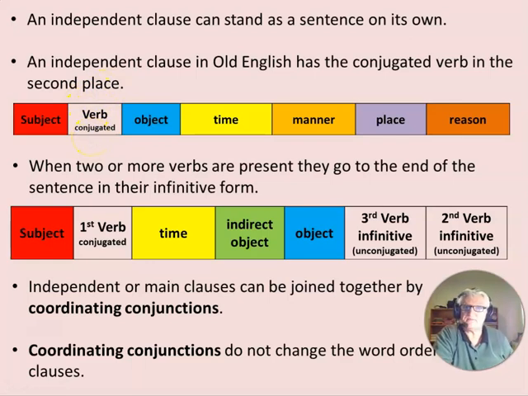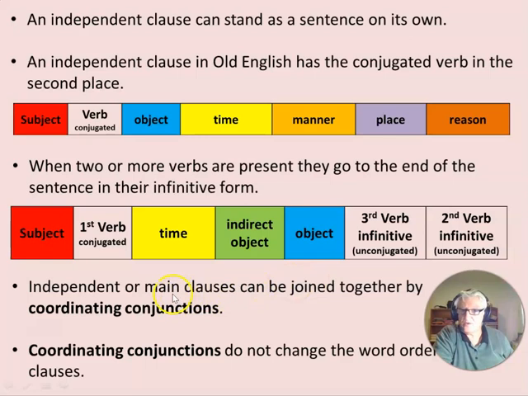When two or more verbs are present, they go to the end of the sentence in their infinitive form. So you have all of the above, and then you can have the second verb in the sentence in its infinitive form here, if you're talking about present tense. And if there's another verb, it goes in here, and you fill in words. There are other options to this, and I'll be pointing one out to you.